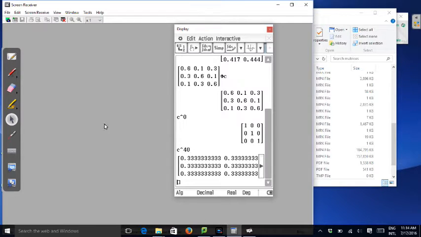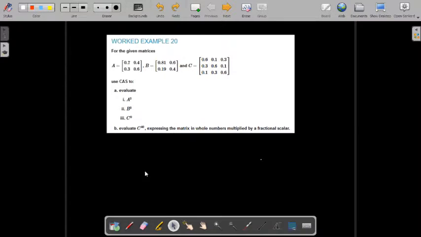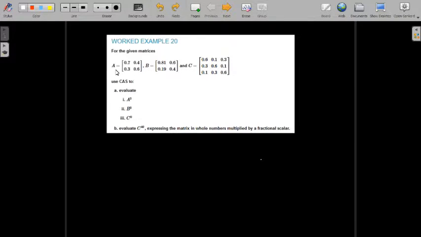So, if I go back to my drawing board, we've got matrix C as 0.333 recurring, and that's for each of those numbers, every element in that matrix.